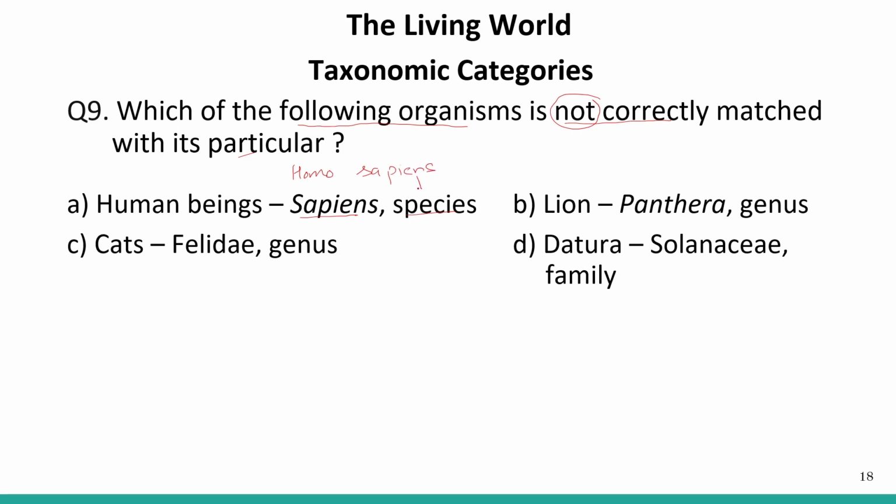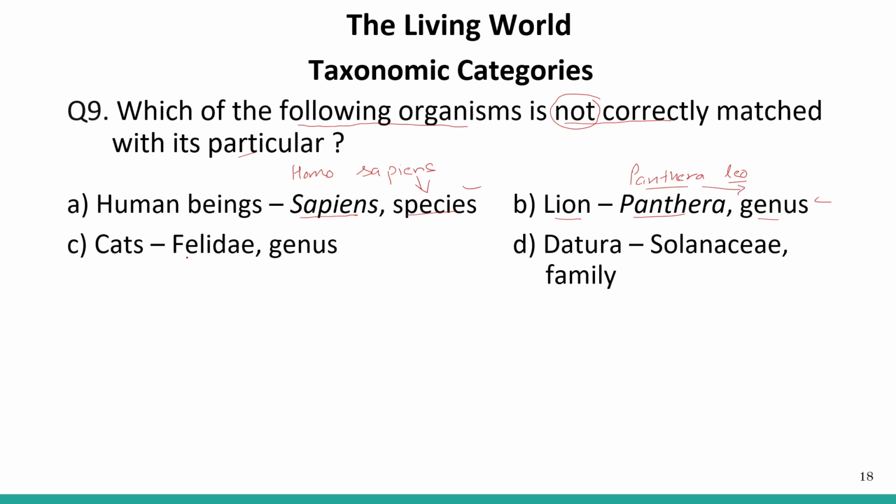Sapiens denotes the species. Alright. Then lion. So this is correct. Lion is Panthera leo. Panthera is a genus. So this is also correct.